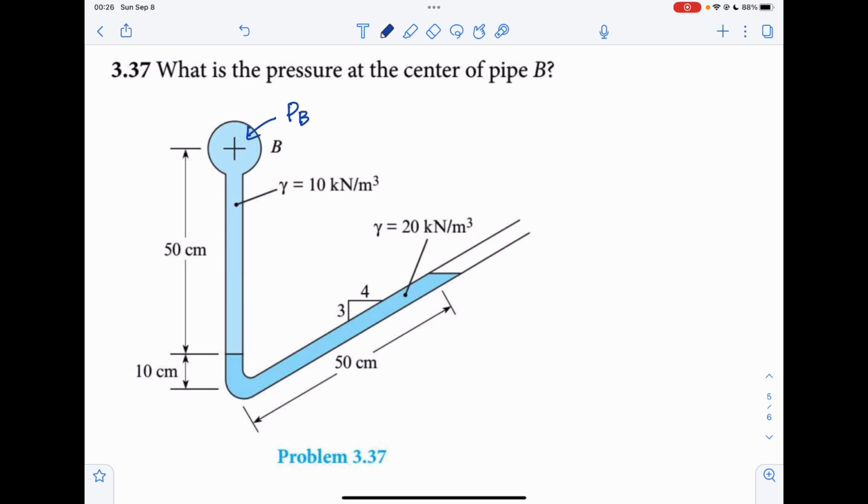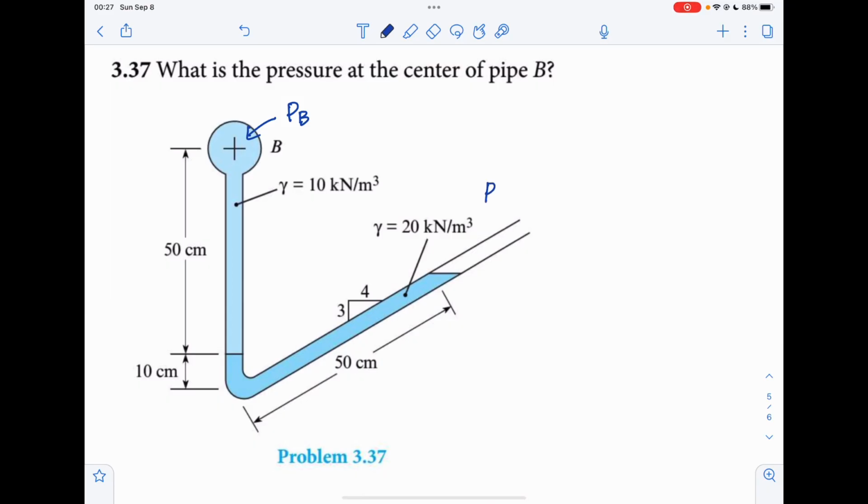Looking at the problem, we have PB and we have 50 centimeters of liquid with gamma of 10 kilonewton per cubic meter and 10 centimeters of another liquid with gamma of 20 kilonewton per meter cubed. And it also goes to the other side, where it connects to the air.